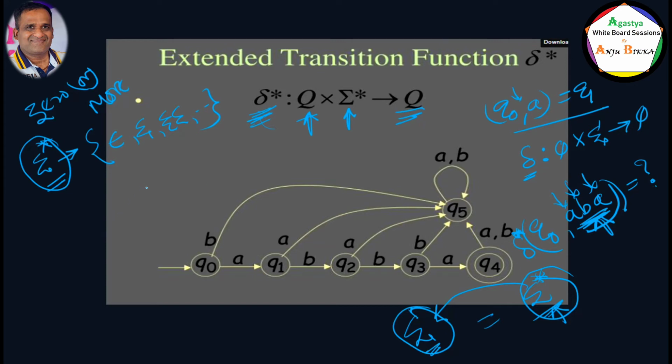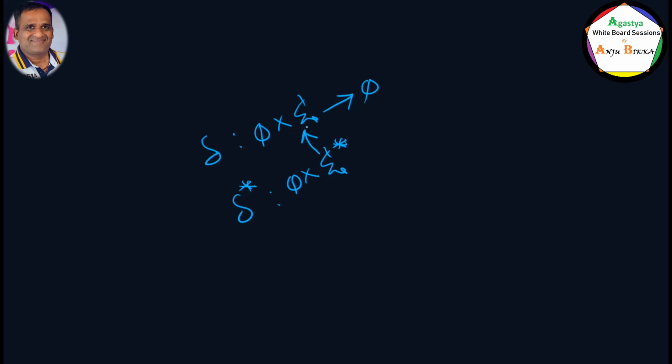Now we can take one example in the diagram, on the blackboard. We have sigma, delta, Q, sigma like this. Now delta star is nothing but Q and sigma star. For the time being, you can consider sigma star as the set of all strings over sigma.